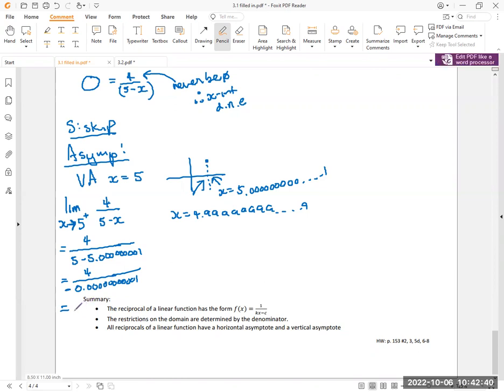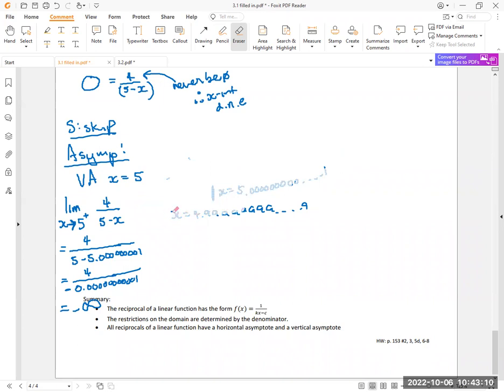So it's going to be an infinitely small number, infinitely negative value. So what does that mean? On the right side of my vertical asymptote, it's going to be low. It's going to be right here. It's going to be down here. That's it. Okay, so let me erase all this. We don't need all this right now. You're going to get to it later.